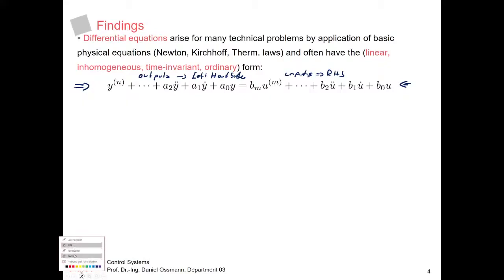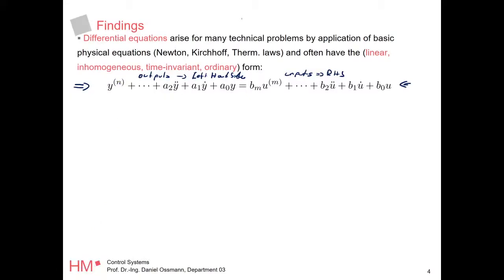For me, this is basic maths, and probably a lot of people are going to say, okay, this is kind of boring, but really, we are only going to work with these equations if they're linear, inhomogeneous, time invariant, and ordinary. I want to talk about this once, and then it's set, right? So linear means that we don't have any terms like u squared here, right? This n just means it's the nth derivative, right?